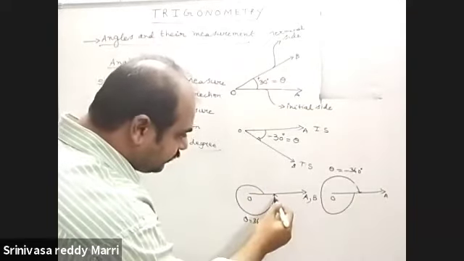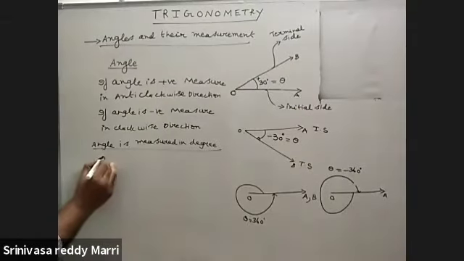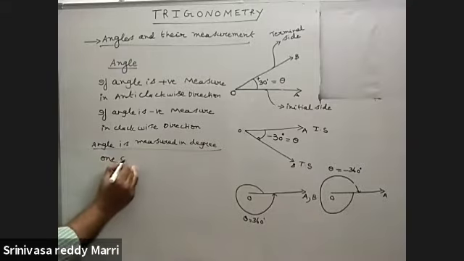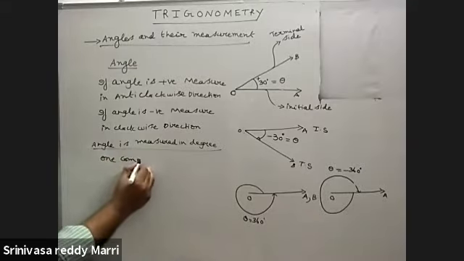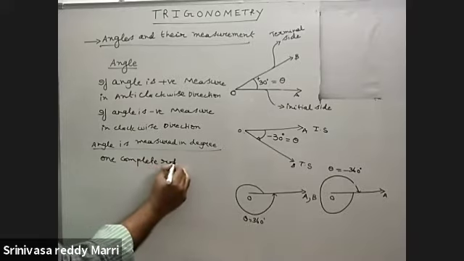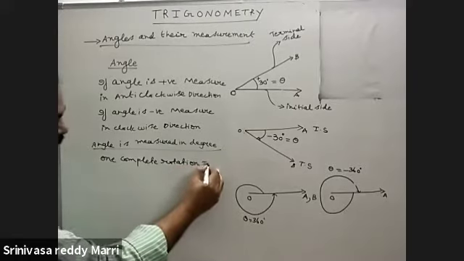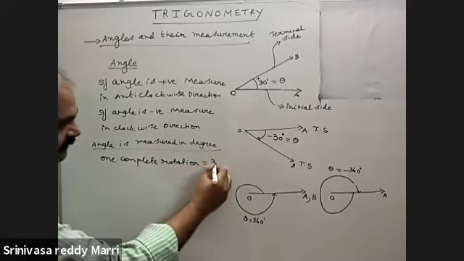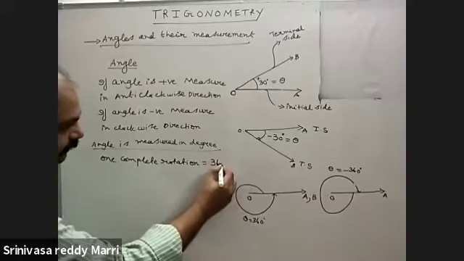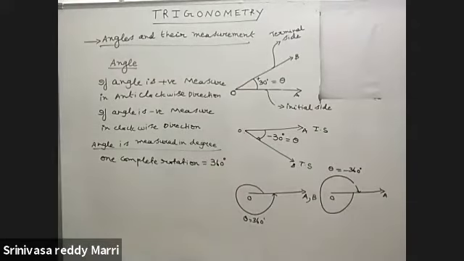So one complete rotation is an angle of how much? 360 degree. One complete rotation will be considered 360 degree. This circle symbol is degree.